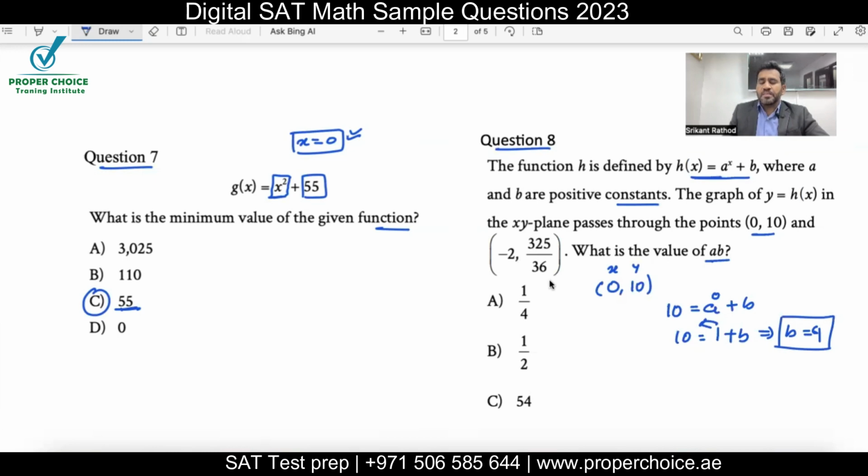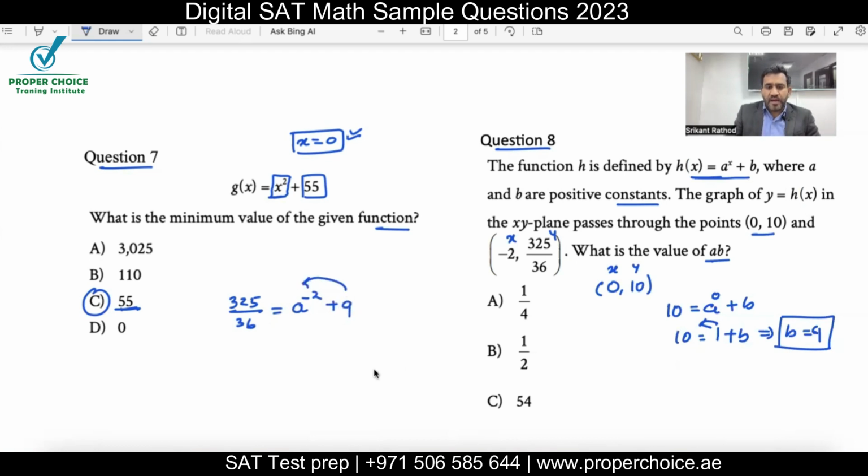Now make use of the other pair of coordinate points to find the value of a. Here the x value is negative 2 and the y value is 325 by 36, or h of x. I use the equation again. 325 divided by 36 is equal to a to the power minus 2 plus b. The value of b we already got as positive 9.